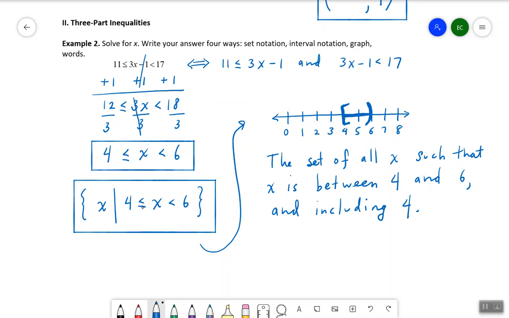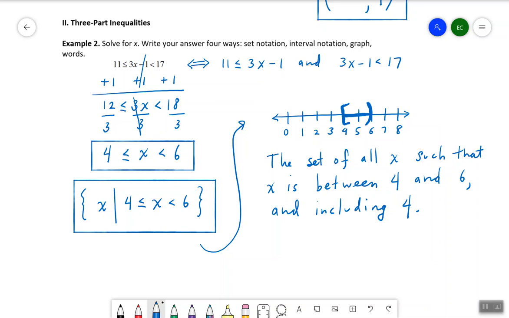We say that it's including 4 because of the equal sign underneath that first inequality. It's not including 6, and you could write that explicitly, although it's not necessary. I think I'll just leave it as it is. The set of all x such that x is between 4 and 6 and including 4 and not including 6.